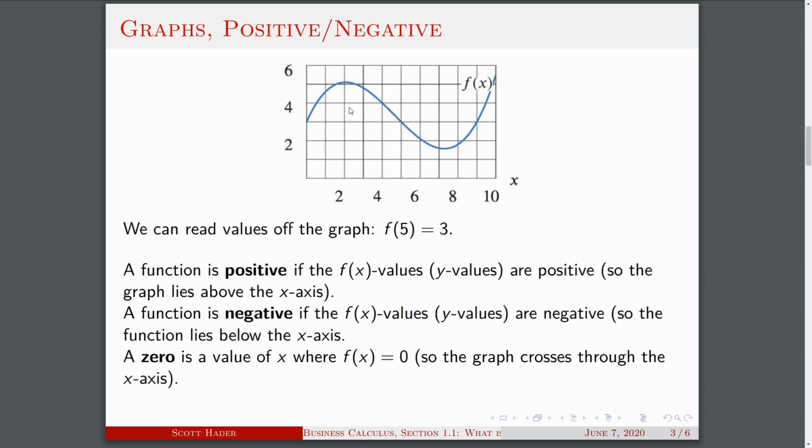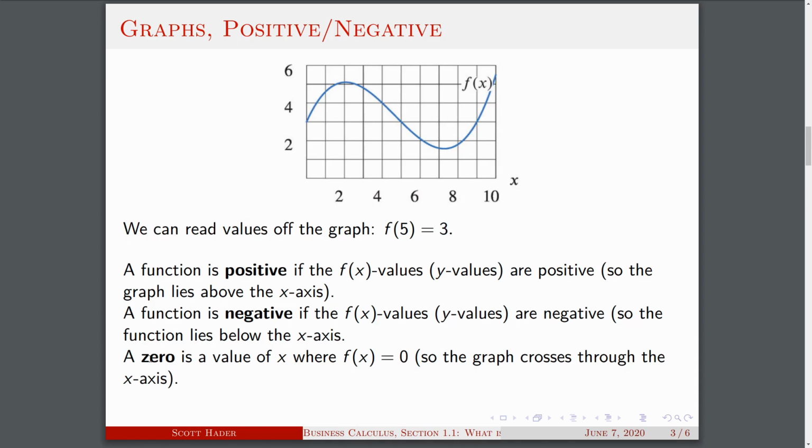A function is negative if it lies below the x-axis. Now, could a function be both positive and negative? Well, there might be places on the graph where it's positive, but then it might dip below the x-axis, and we would say for those x values, the function is negative.